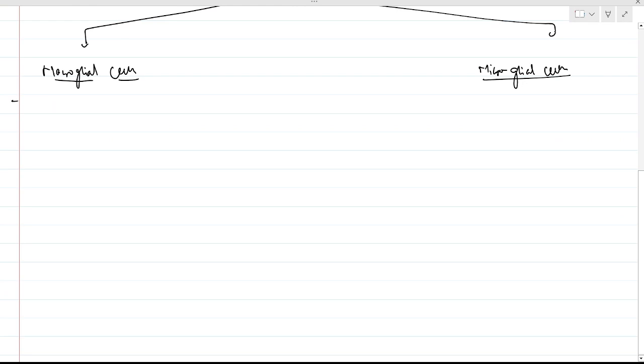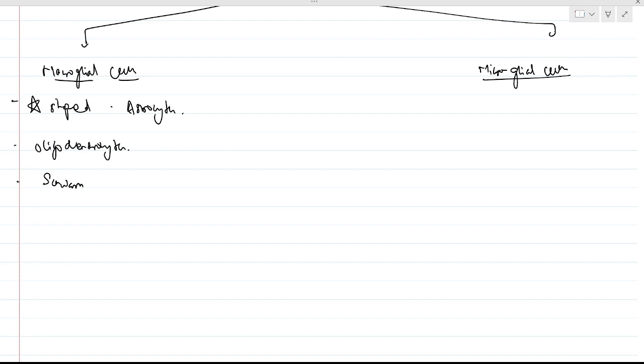Among the macroglial cells, we have the star-shaped cells called astrocytes, then oligodendrocytes, and then Schwann cells. All of their functions we will learn afterwards.